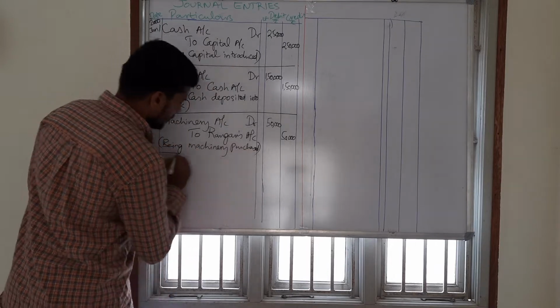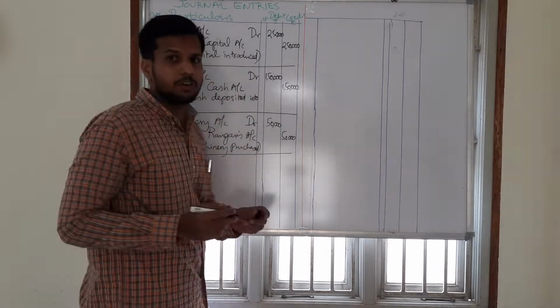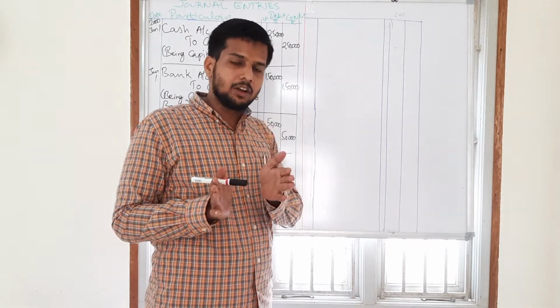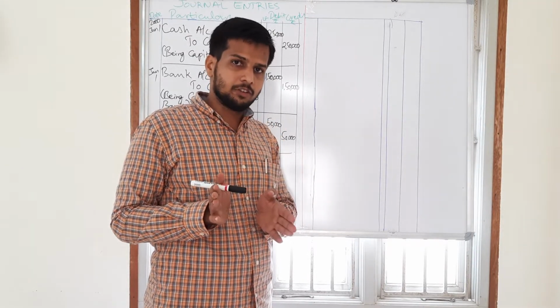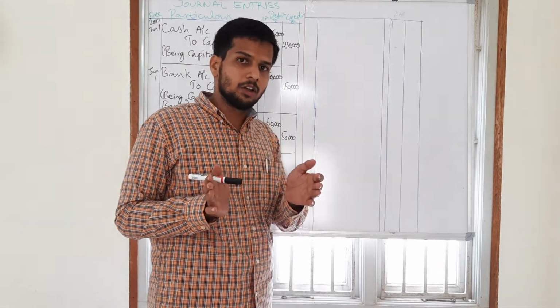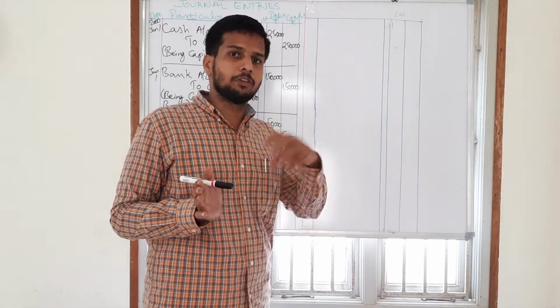So one point to be noted is that when we are buying an asset, it will not be considered as purchases. Purchases means when we are buying goods for the business for the purpose of reselling.